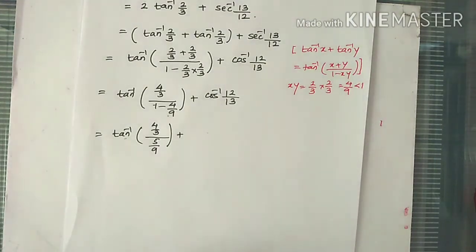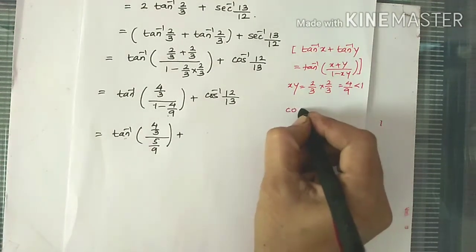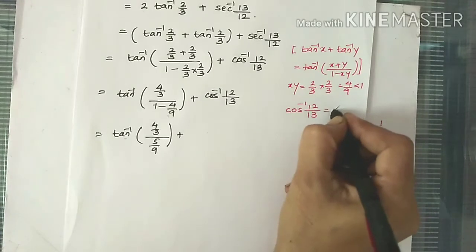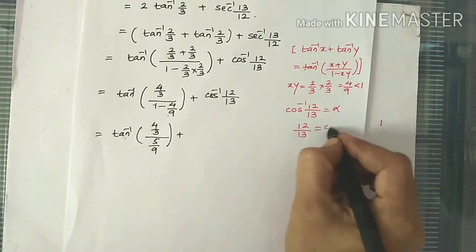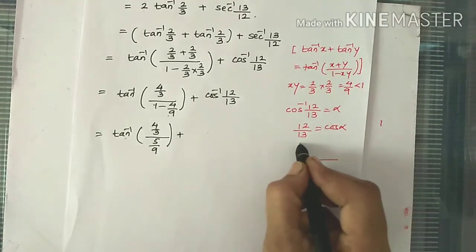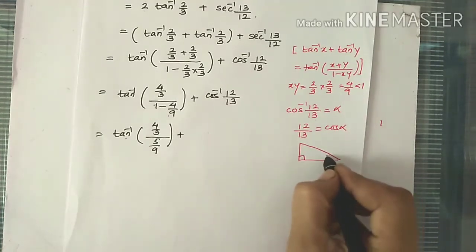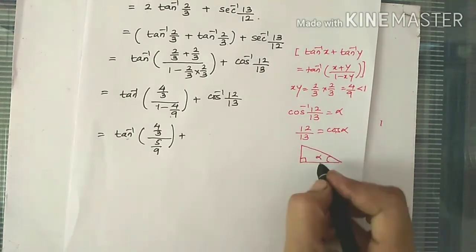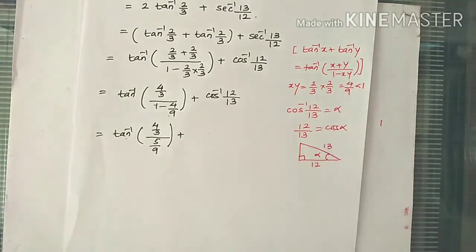So for that, let cos inverse of 12 by 13 be alpha. So we get 12 by 13 equal to cos alpha. Let's represent this value in a right angle triangle. So this is a right angle triangle and let this angle be alpha. So cos alpha is 12 by 13, so the adjacent side is 12 and the hypotenuse is 13.